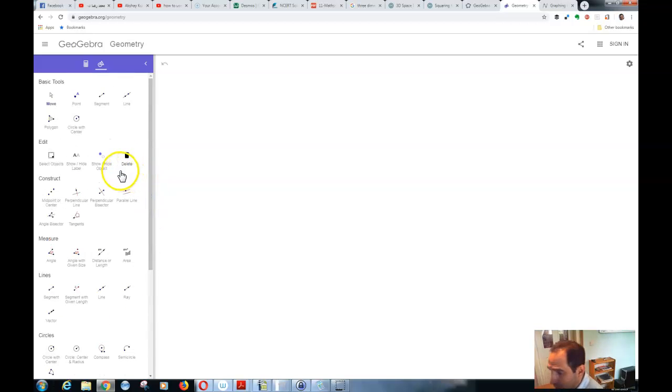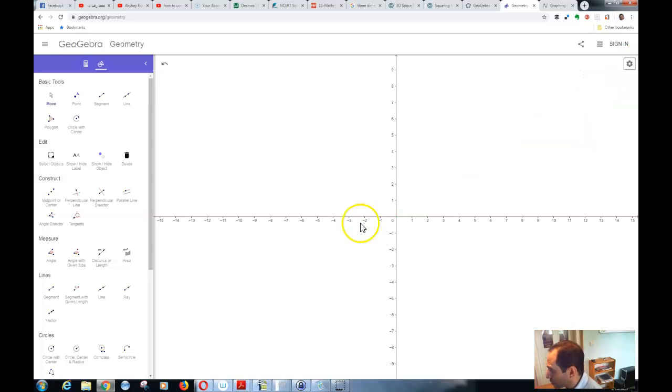For example, you can show the axes, and then there is show the grid, with major grids, major and minor grids, polar and isometric.